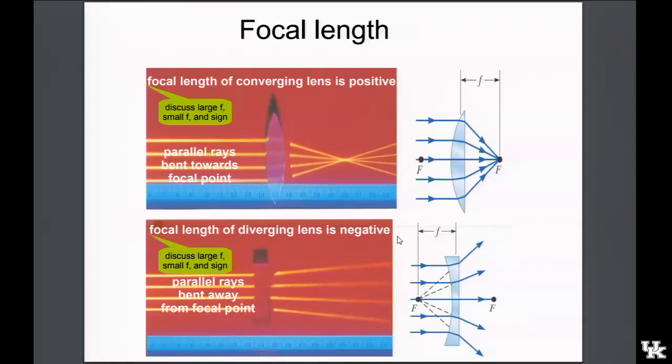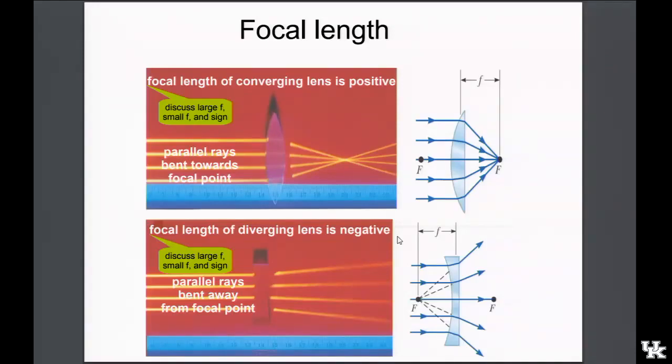So if you look in this picture here, this is a real picture, real light rays striking a real converging lens. All these parallel light rays are brought to this point here. This is the focal length of this lens, the distance from the lens to this point. So we're literally seeing it.